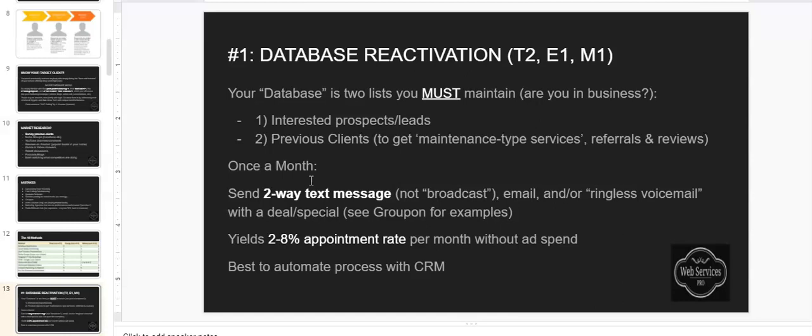You can get some inspiration from there, or you can just make up your own kind of deal or special. Every month, do something, whether it's the holiday season that's coming up that we're into now, and you're going to get on average a 2 to 8% appointment response rate in terms of booking appointments. And this is all, of course, done without ad spend. So that's a good thing about this.